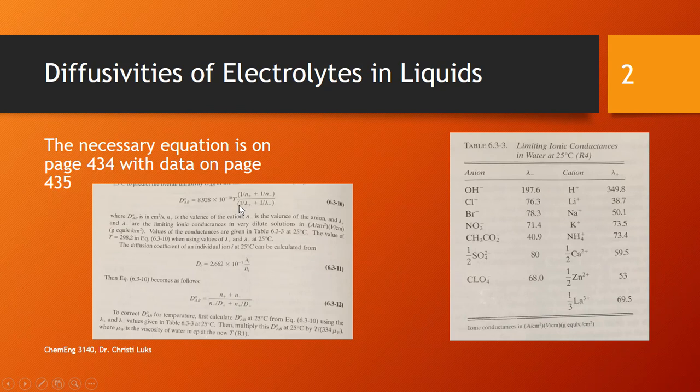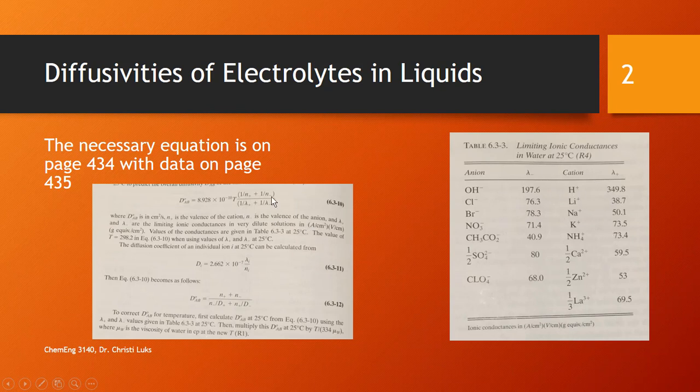And then we're going to divide by the sum of the reciprocals of the ionic conductances for very dilute solutions. And the values of these conductances, because you probably don't know these, are given in table 633 of our textbook.